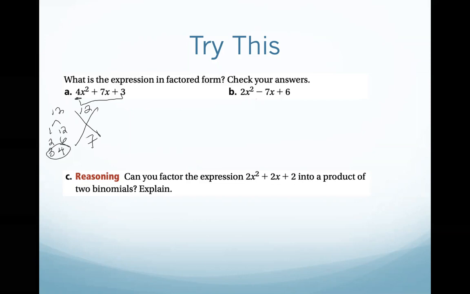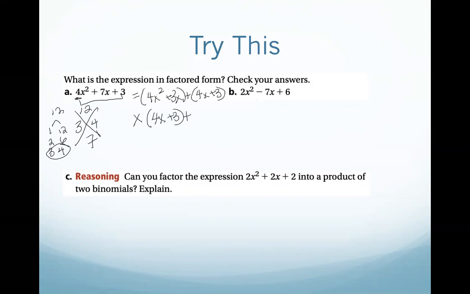That's the one: 3 and 4 multiply to 12 and add to 7. So this is 4x squared plus 3x plus 4x plus 3. Grouping together, my GCF of my first pair is just x, leaving me 4x plus 3.